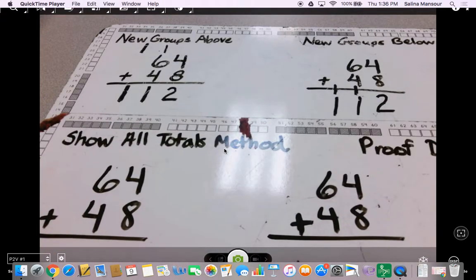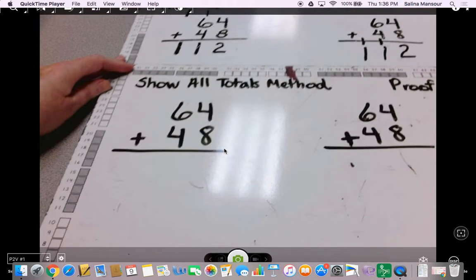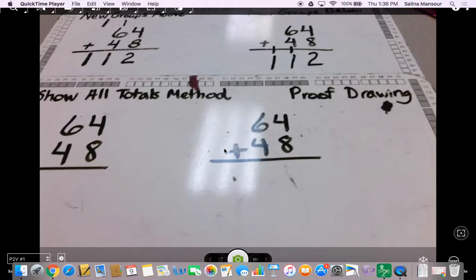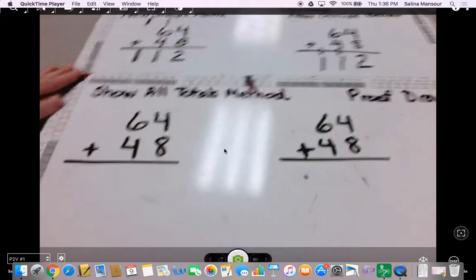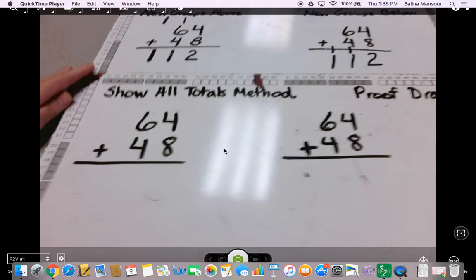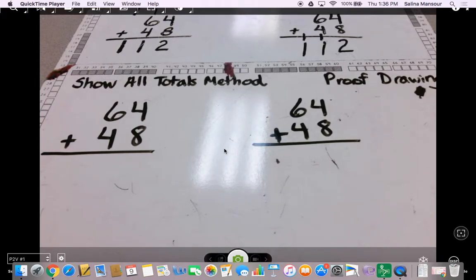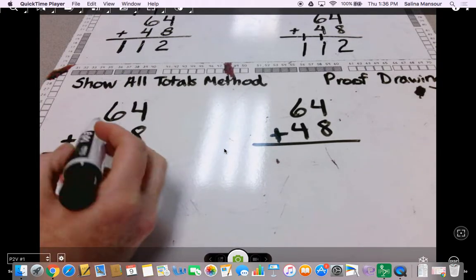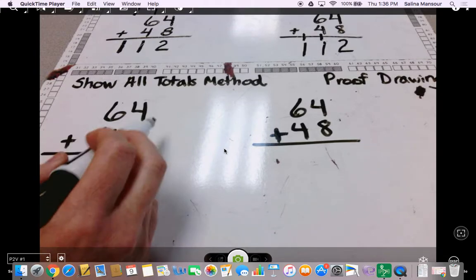Now we're going to look at the all totals method. And I think that this method is another way of really breaking up the numbers, and it ties in with using expanded form. So if you are good at expanded form and really understanding numbers and their values, you'll be very good at this. So with the all totals method, we actually start now with the largest value place.